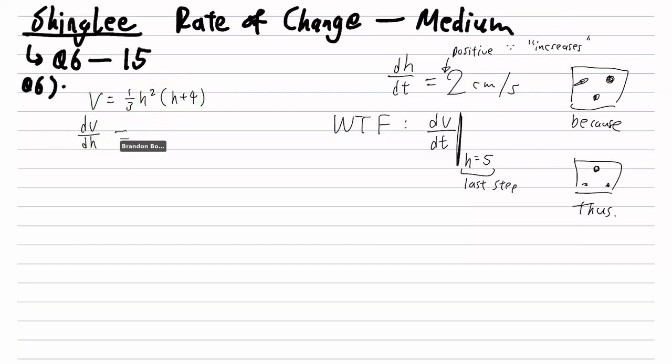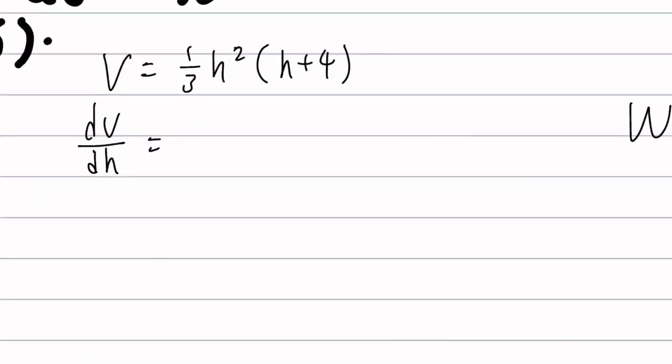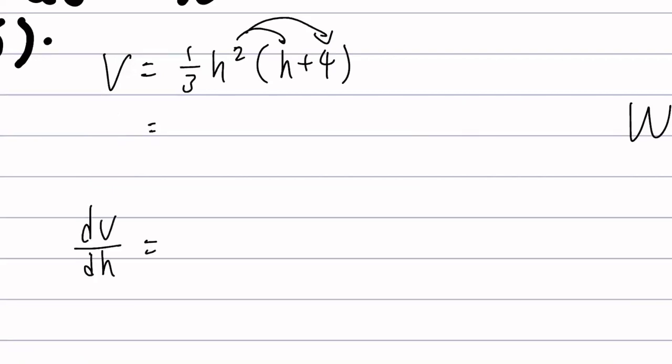Product rule. Actually, okay, can. Wait, how? Oh, you just expand inside. Okay, that's way faster. Yes. Plus 4. Notice something: I didn't multiply the 1/3 in. Why?